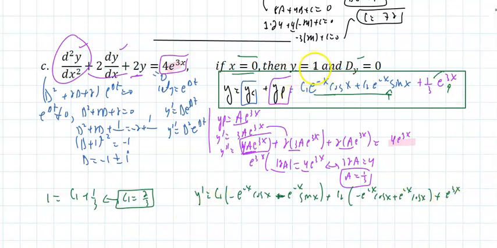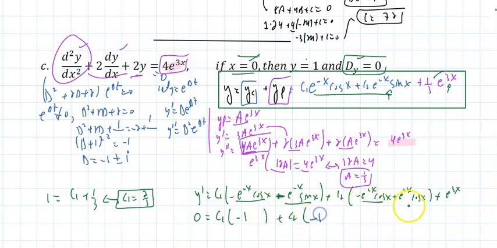And we know if you put in 0 for x, the derivative will be 0. That is c1 times negative 1, that's a 0, because sine of 0 is 0, plus c sub 2 times, that's a negative 1. I did mess up on that one. That should be a sine. So derivative of the first, negative e to the negative x times the sine of x, so that's 0 plus 1.